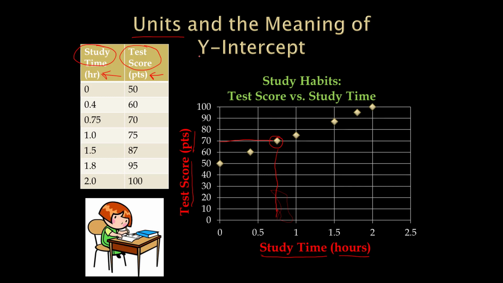Let's look at the y-intercept. In math, you would say that the y-intercept is where a line crosses the y-axis. In physics, we're going to express that slightly differently. We're going to say it's the value of the dependent variable, test score, when our independent variable, study time, is equal to 0.